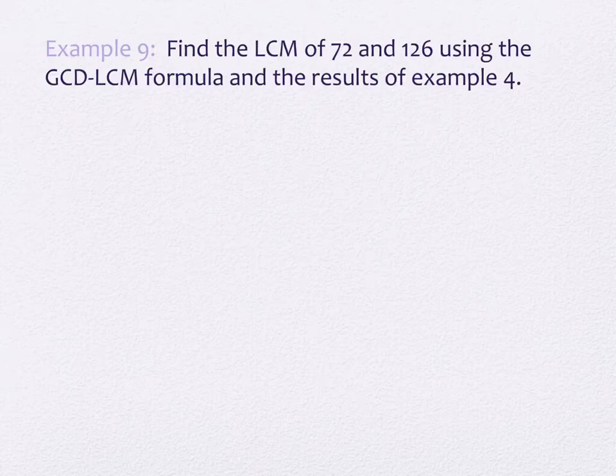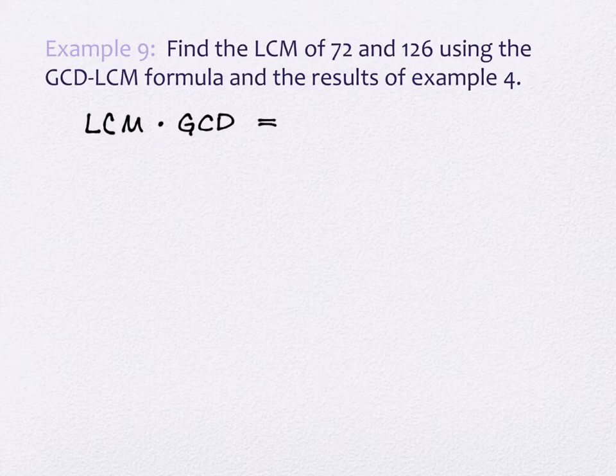It says to find the LCM of 72 and 126 using the GCD-LCM formula. And we already found the GCD before of this for 72 and 126 in example 4. So I'm going to abbreviate. This is the LCM in whatever order in the GCD. They multiply together, and they're supposed to multiply together to give me 72 times 126.